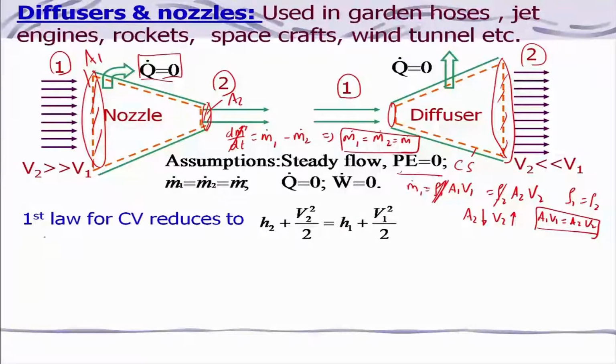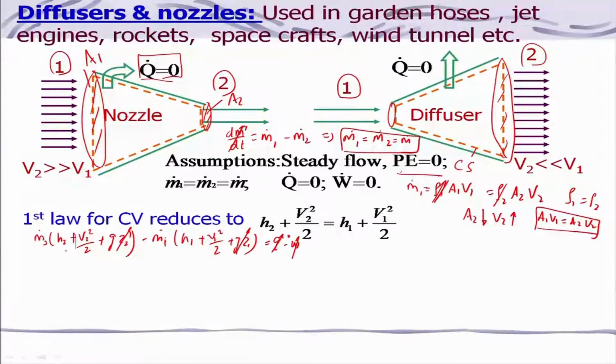We have already seen the equation, and this is a steady flow process. So, in this case it will be m2 into (H2 plus V2 square by 2 plus g Z2) minus m1 into (H1 plus V1 square by 2 plus g Z1) is equal to Q minus W. So, this is 0, this is 0, and this is neglected.